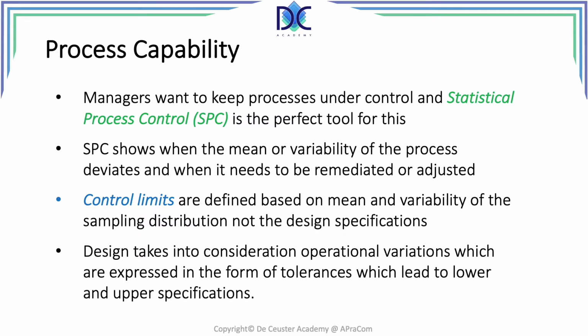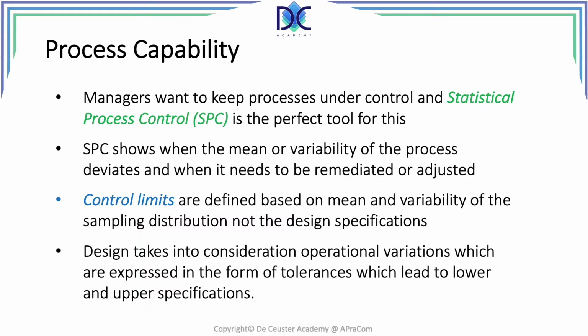When we look at the design, we look at the tolerances, and we have to see that we have specific lower and upper specifications. So when we say we want to make a part 255 millimeters plus minus 5 millimeters, we know it has to be between 250 and 260. Otherwise, the part does not comply with the tolerances and we cannot use it in the other parts.